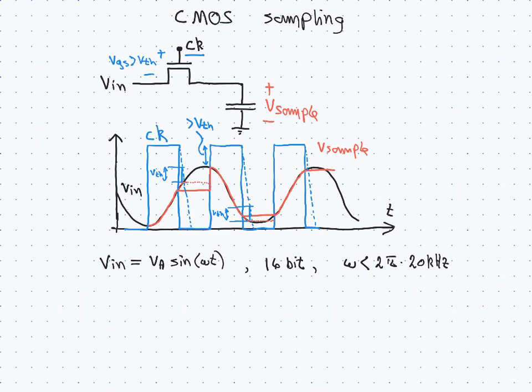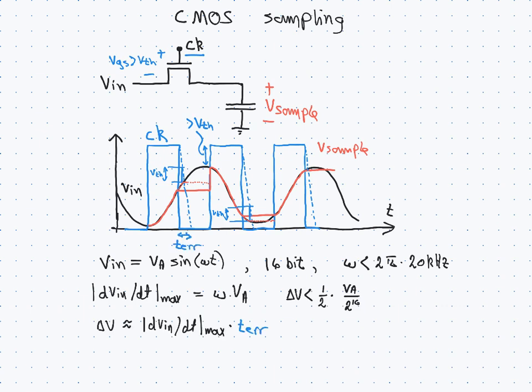Since the maximum voltage change is the angular frequency times the amplitude, and since we can allow a voltage error of half an LSB, which is the maximum amplitude divided by 2 to the power of 16, and then half that value, the voltage error we get is equal to the maximum dV/dt multiplied by the time error in the sampling.